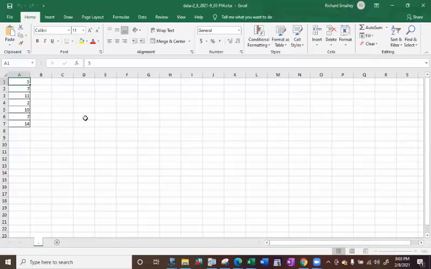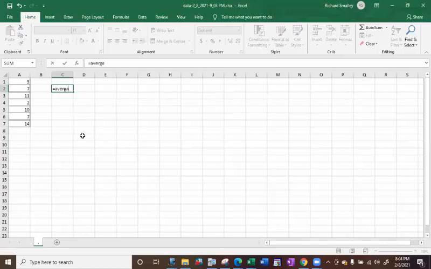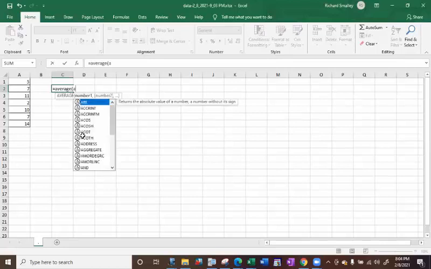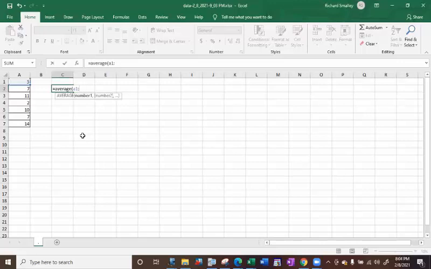So there they are. Anywhere over here, I can do the average right here, A1 to A7. So you just put this in any cell you want.